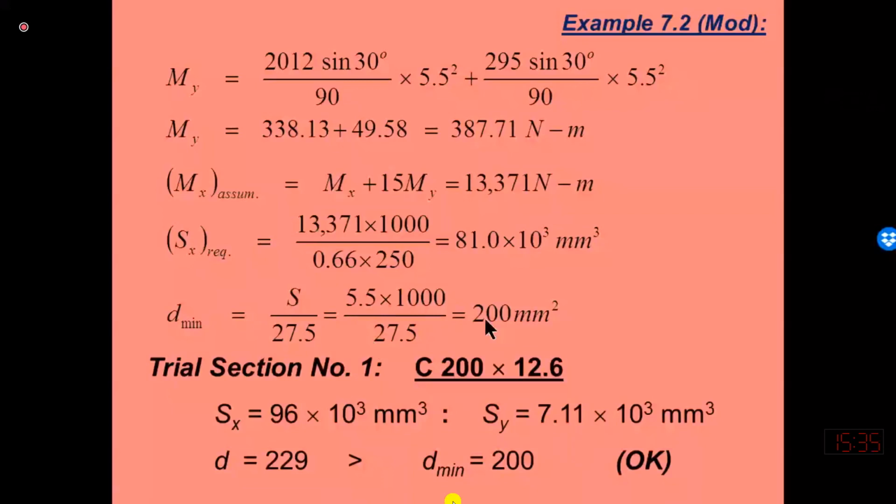So you will only pick a channel section whose depth is more than 200 and whose section modulus is also equal to or more than 81 into exponent 3. Based on this criteria, we have picked the first trial section C200 into 12.6. Sx is 96 into exponent 3, section modulus about the y-axis is 7.11 into exponent 3, and the actual depth is 229, which is more than D minimum.